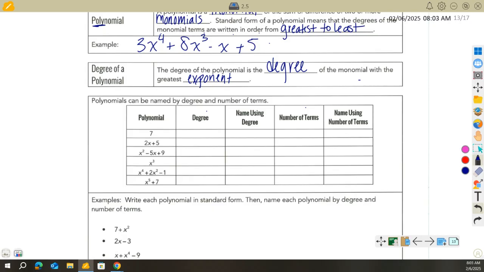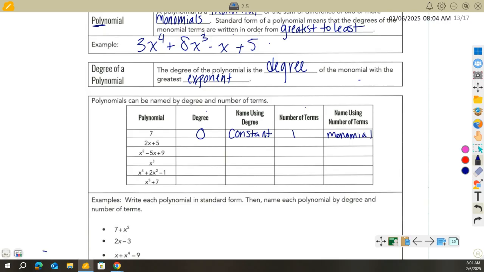So starting with 7, we know because it's a constant, it has a degree of 0. When it's a degree of 0, we call that a constant. We have one term, so we know that's called a monomial. Next, we have 2x plus 5.